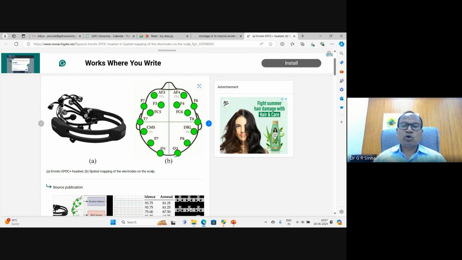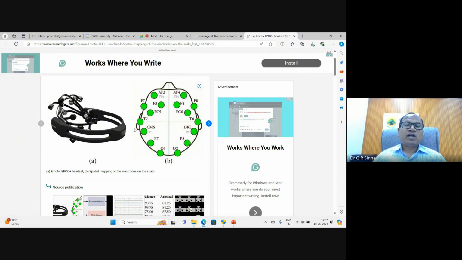On the right side, O2 is occipital, P8 is parietal, T8 is temporal, FC6 is a combination between frontal and central, then F4, F8, and this side is all odd numbers. Now look at two more things, CMS and DRL.